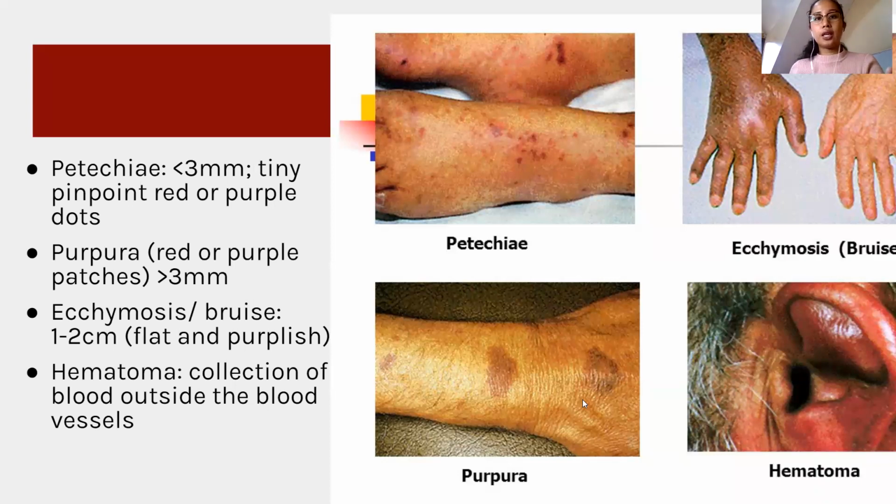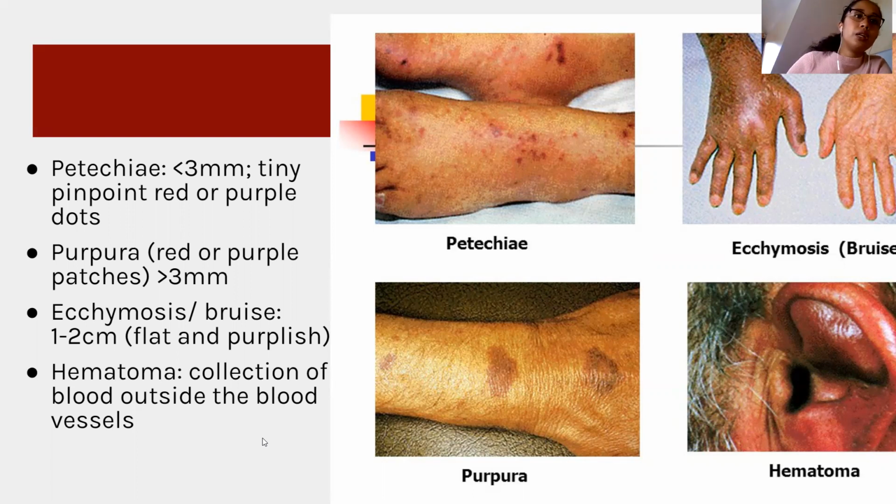So class, just an image to show you. So ang pinakamaliit natin na mga dots, pinpoint dots, are your petechiae. They are usually less than 3 millimeters. A little bigger are your purpura, more than 3 millimeters. Your ecchymosis or your bruises are 1 to 2 centimeters.